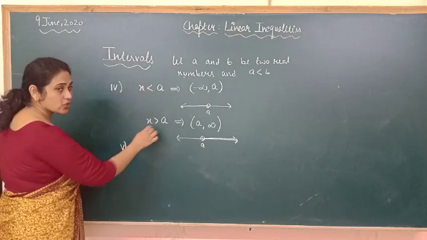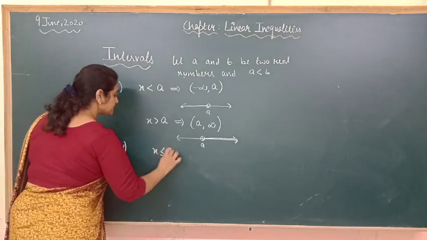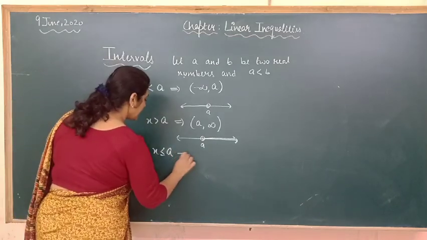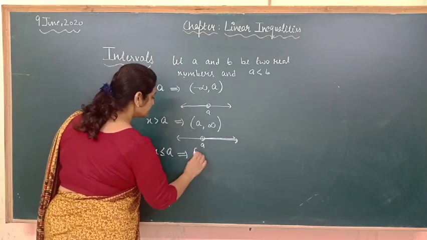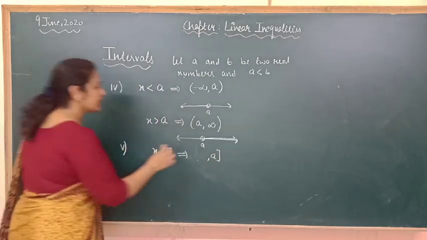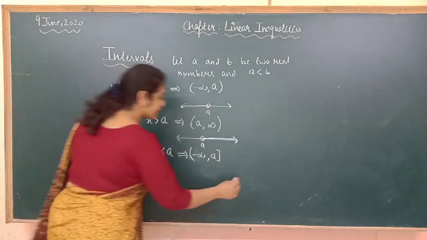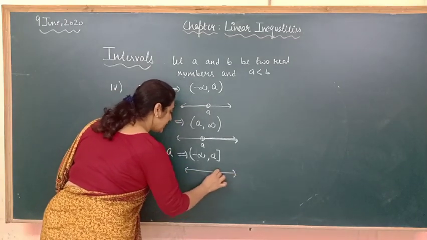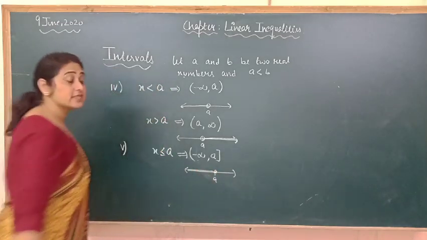Similarly, these are strict inequalities. We can have the same thing in slack inequalities also. I hope you remember strict and slack inequalities. It means the same thing. A is included. Alright, A is included, but it is lesser than A, so I am going towards minus infinity. That means on the number line, if I represent, this is my A, it is included, so dark circle, and I am traveling towards this side.